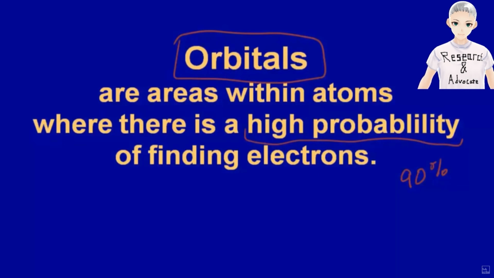It makes students think that electrons orbit the nucleus, and they do not. We only can know with a certain amount of probability, 90%, where an electron might be, but not the path that it's taking. And that comes from Heisenberg's uncertainty principle.